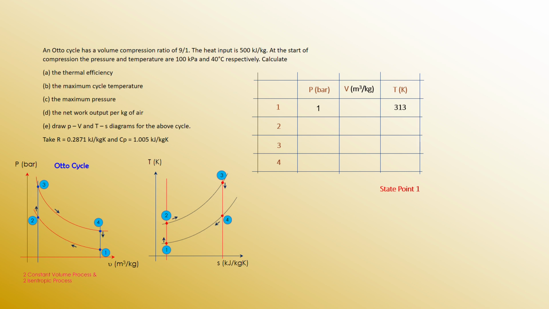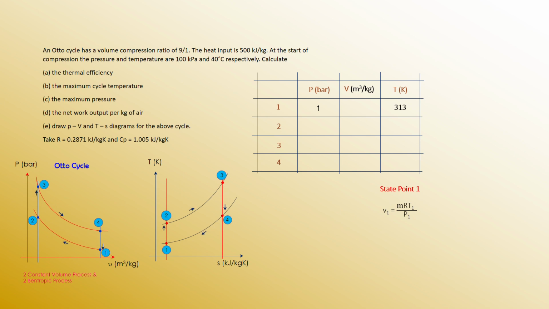From point 1 itself, you can see P1 and T1 we already know. Then we can straight away move to state point 1 to find the volume V1 first. You can use basically the ideal gas law, V1 equals mRT1 over P1.